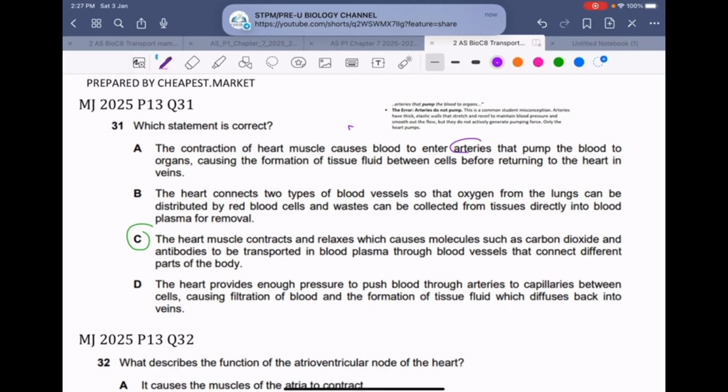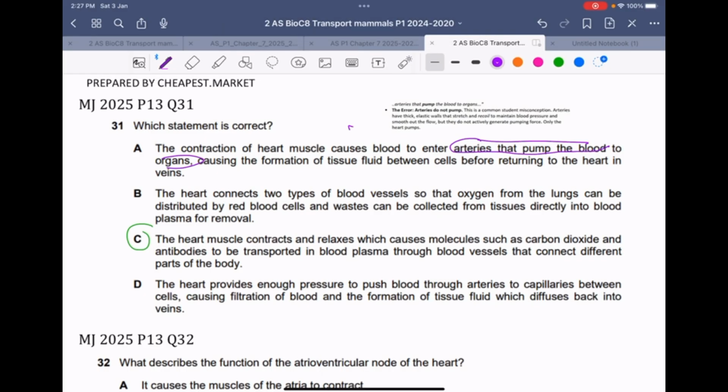This artery, they pump the blood to the organs is incorrect because artery will not pump. Only the heart is the organ able to pump the blood. Artery will just help to carry the oxygenated blood away from the heart, reach the other part of the organs.